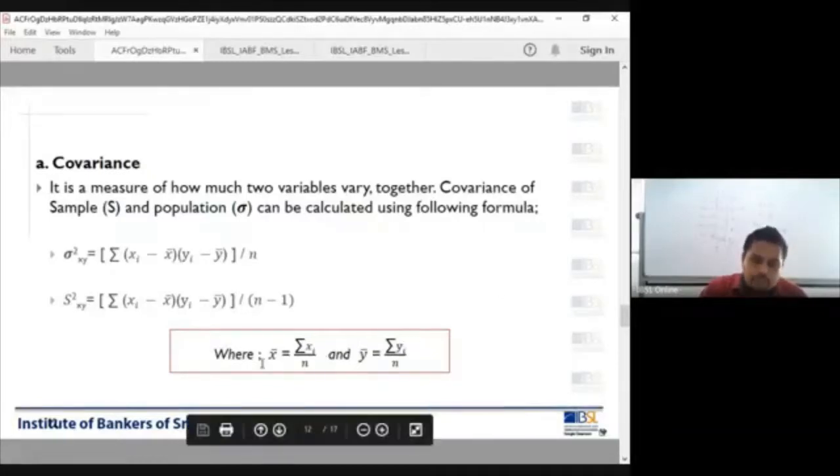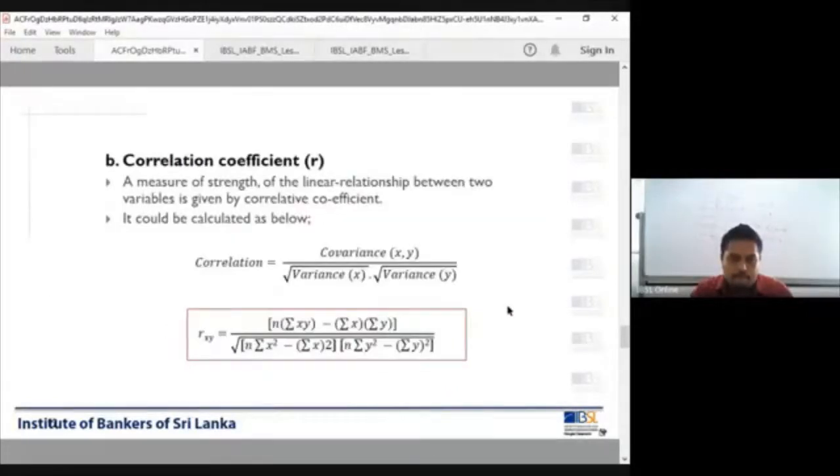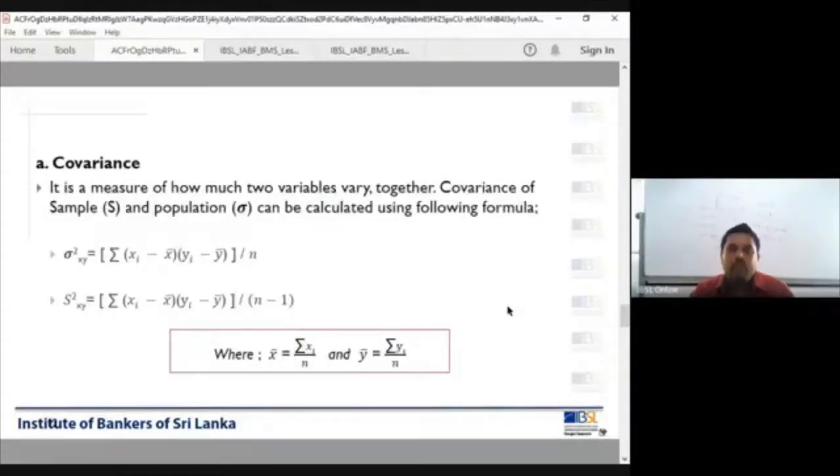The x bar and y bar are defined similar to what we discussed last week. This is nothing but the mean.